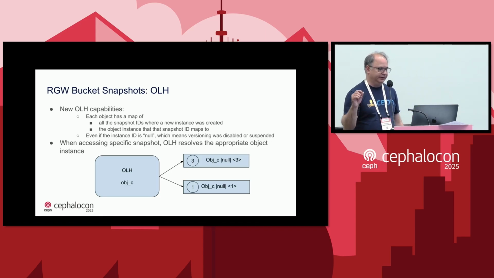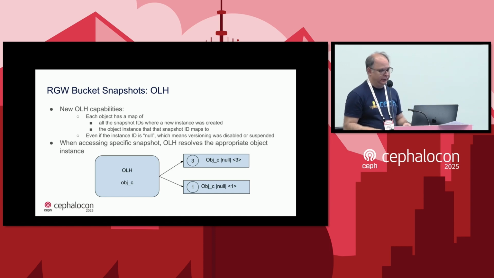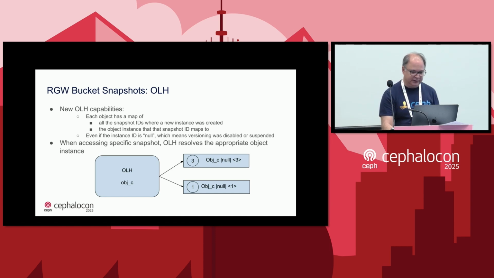For example, if an object was created at snapshot 2, then it was overwritten at snapshot 5, it'll have an entry there for snapshot 2 and for snapshot 5. If you access snapshot 4, it will resolve into the snapshot 2 instance, right? So you go to the OLH and look at that map and see, oh, the object is in snapshot 2.